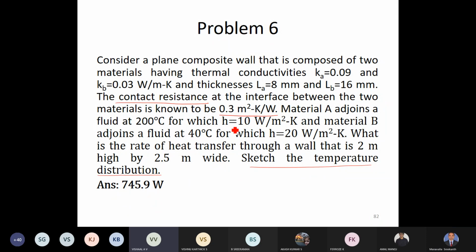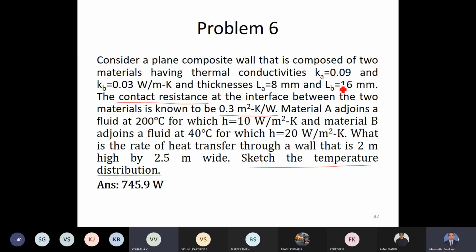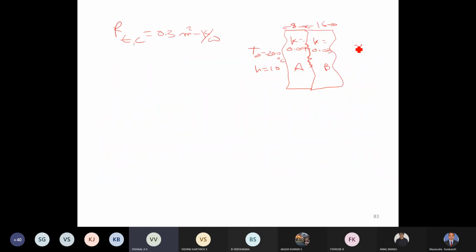So here T infinity is 200 degrees Celsius, h is equal to 10. And material B adjoins a fluid at a certain temperature, and h is some value in watt per meter square Kelvin.